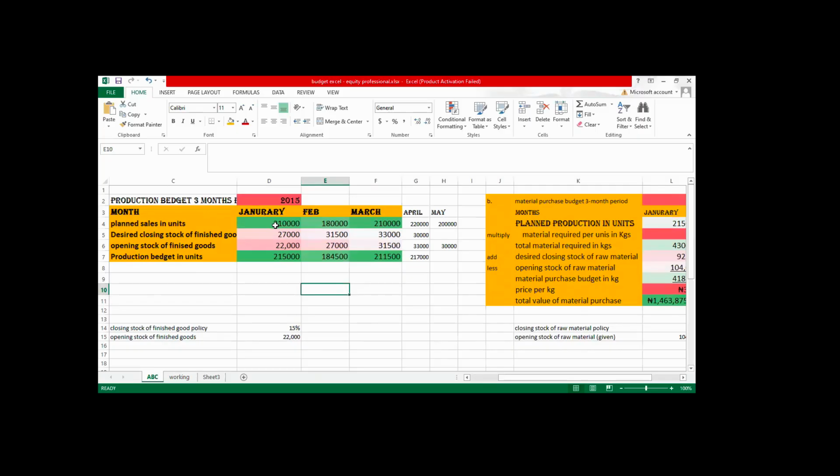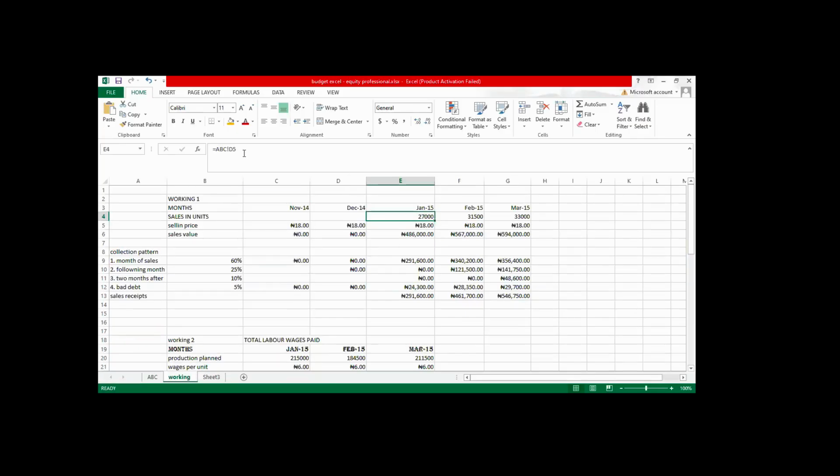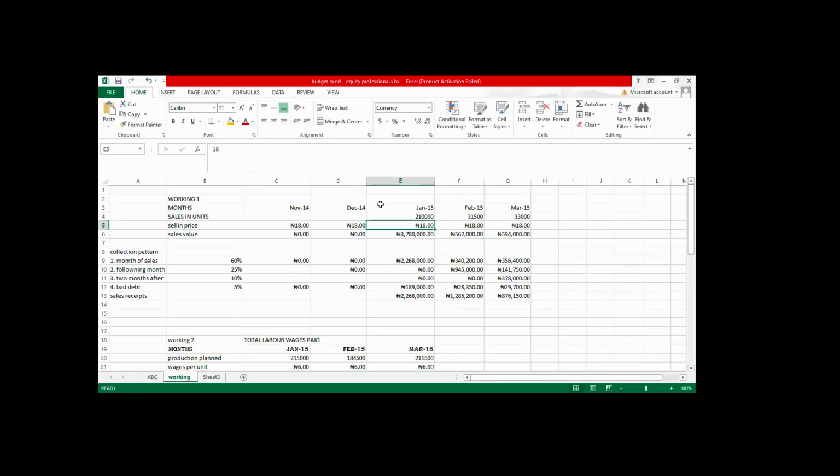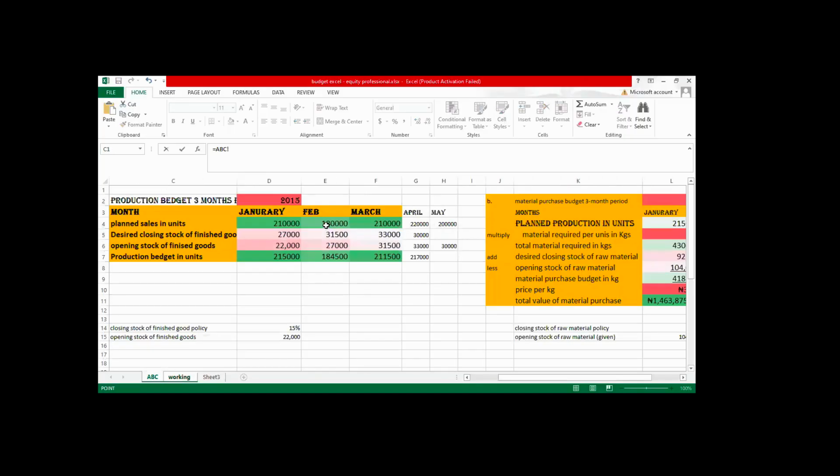Sales in January. How many units? Plan says 210. It is equal to 210. Sales in February. How much? 180. I'll pick that.